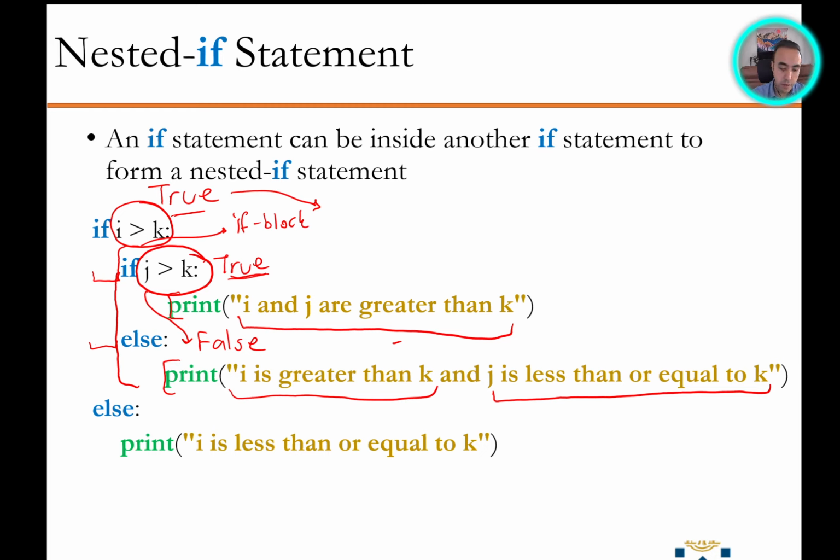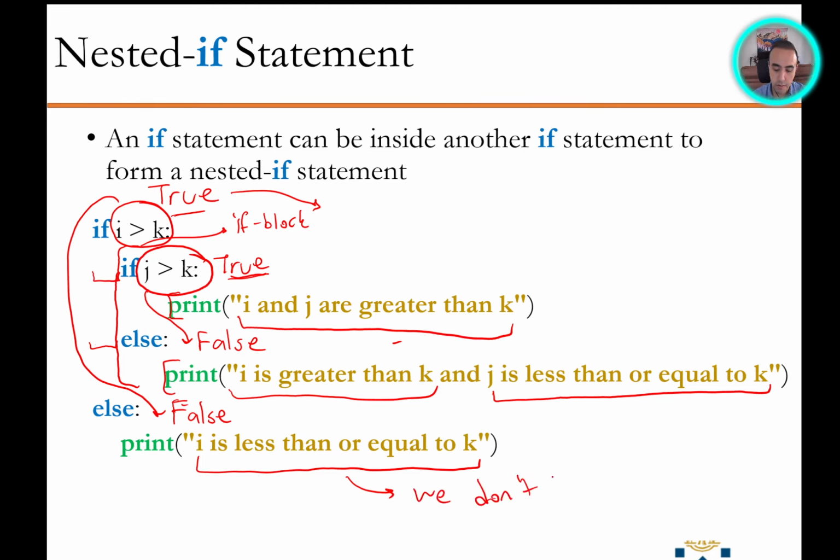Else, if it was false, in other words, I was not greater than k, that means I is less than or equal to k. Here, we don't know about j and k.